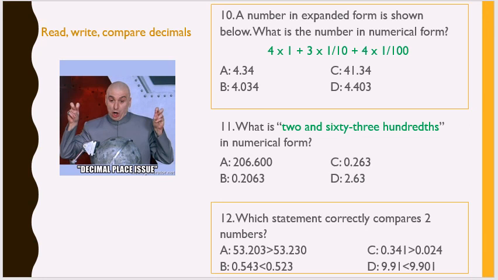C, 0.341 is greater than 0.024. Or D, 9.91 is less than 9.901. So pause your video, complete and solve problems 10, 11, and 12. Once you're done, start your video again, and we'll check your last 3 problems for today's video.